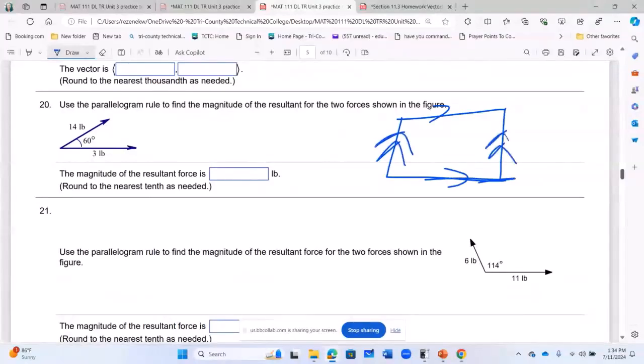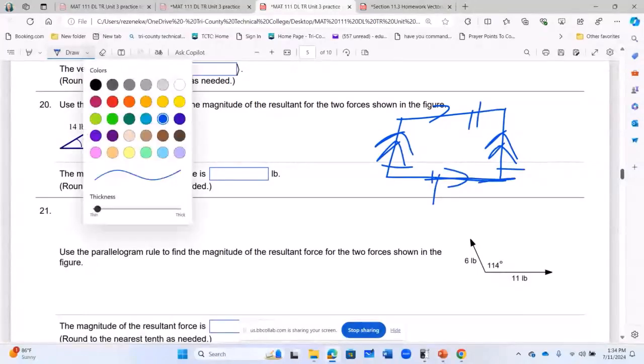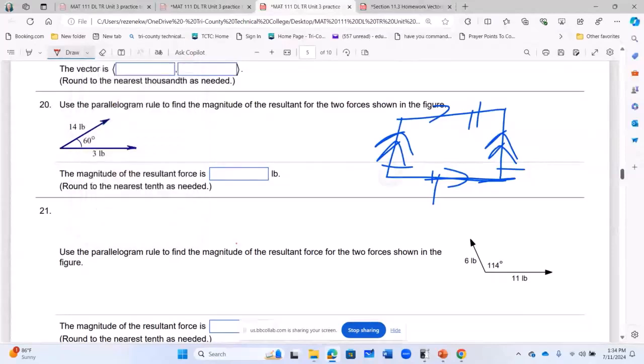Opposite sides are equal and parallel. The diagonals do not bisect the angle. I hope you remember that from geometry. The diagonals of a parallelogram do not bisect the angle.